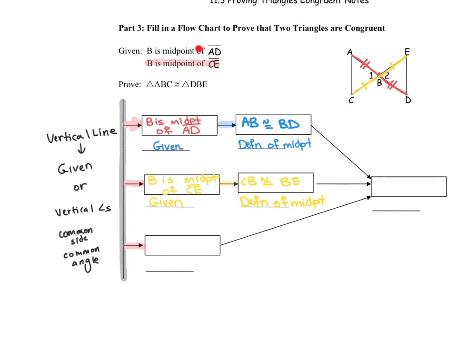I had two givens, so these are two boxes coming out of the vertical line. So what is this third box then? Coming from the vertical line, I can only say what is given or something I can get from the figure, whether it's a vertical angle or a common side or a common angle.